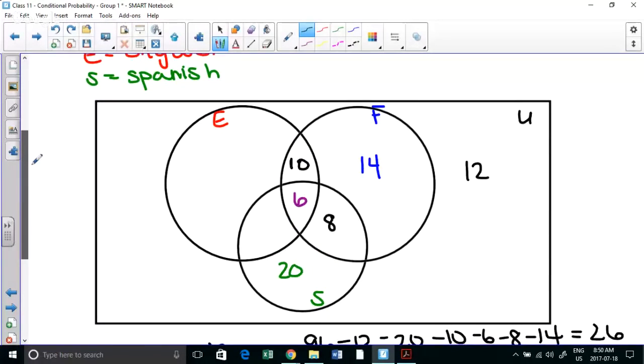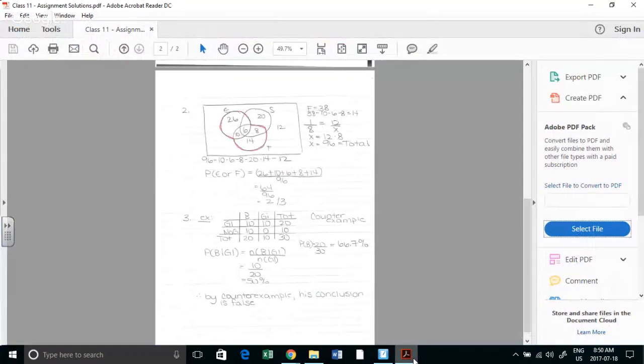Did I mess something up? Did I not use that at all? 5 over 19. Probability is not on the sit prob.